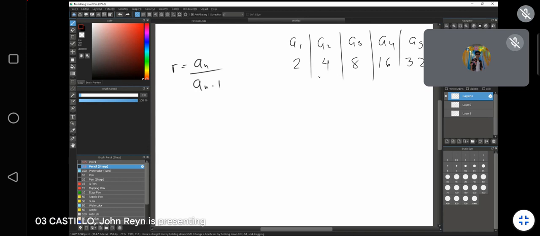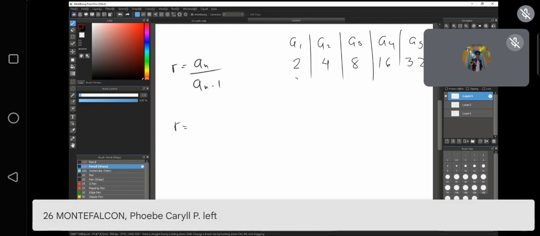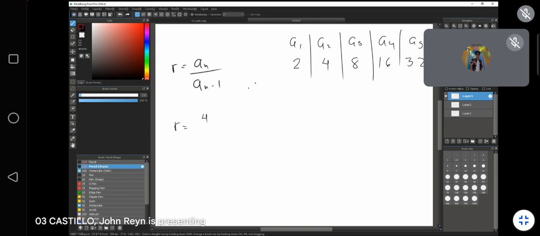It doesn't matter which you use, because if you already identified this as a geometric sequence, then you should already know the common ratio, which is 2. So that is our common ratio. So very simple pa naman yan.